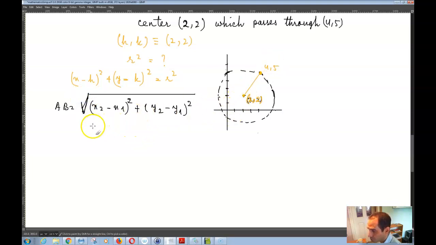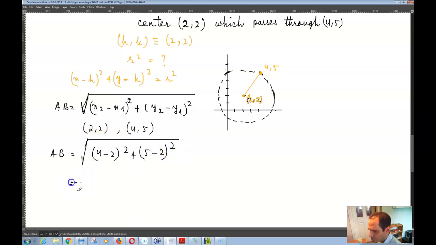So for these two points, 2, 2 and 4, 5, the distance between them, if I call it AB arbitrarily, is the square root of 4 minus 2 whole squared plus 5 minus 2 whole squared, which is the square root of 2 squared plus 3 squared, which is the square root of 4 plus 9, which is the square root of 13.